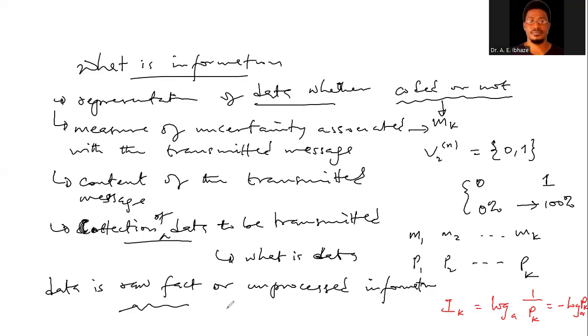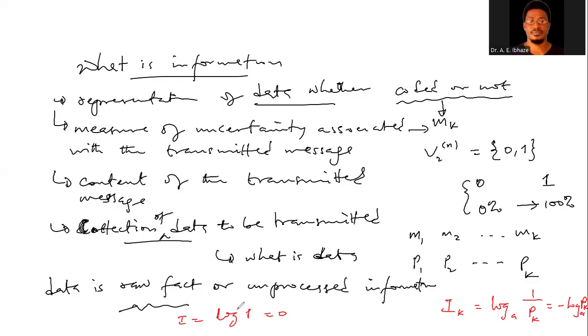Now, let's assume, what is the logarithm of 1? The logarithm of 1 is equal to 0. So the information contained in the message will be 0 if it is certain, if the probability of occurrence is certain.